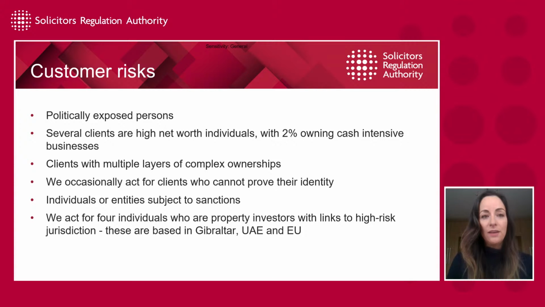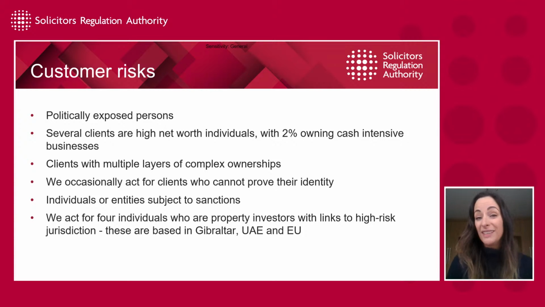So moving on then, here we have some further examples of information we have seen firms use to cover a particular risk factor. The first here being PEPs, or politically exposed persons. The example I wanted to use first of all was politically exposed persons, because we come across this quite a lot, where a firm will fill out this section and then they will leave all the other boxes blank.